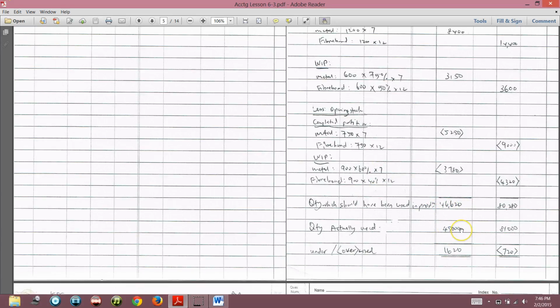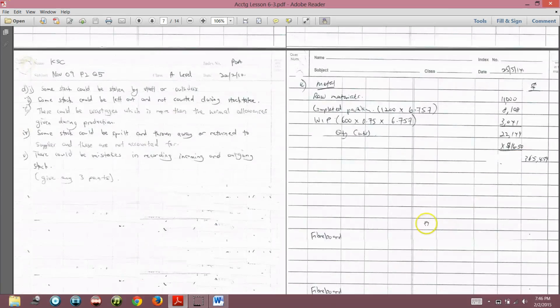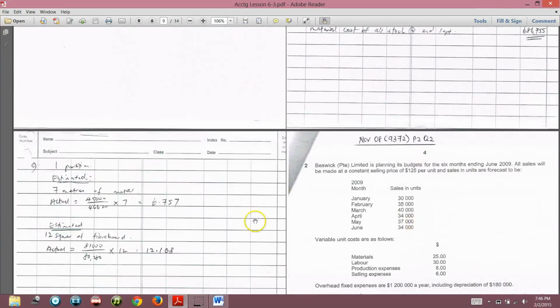This is the correct metal quantity that was actually used in production. 45,000 is the actual quantity of metal. 46,620 is the estimated quantity of metal used based on 7 meters per partition.